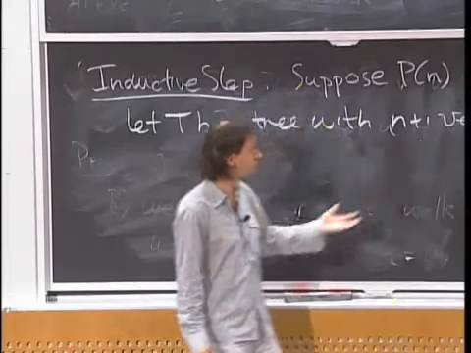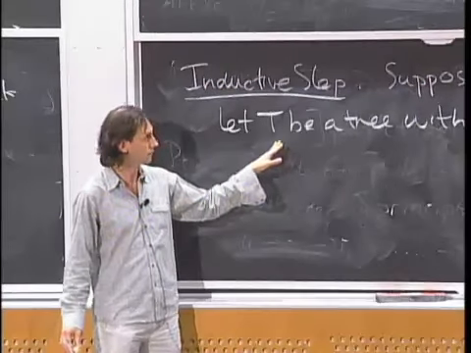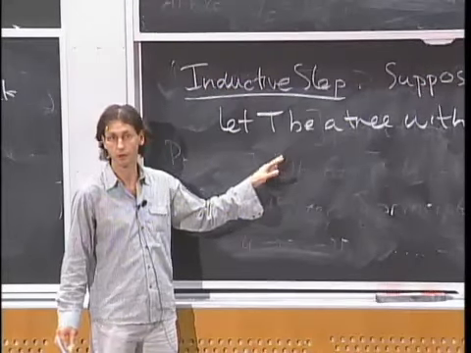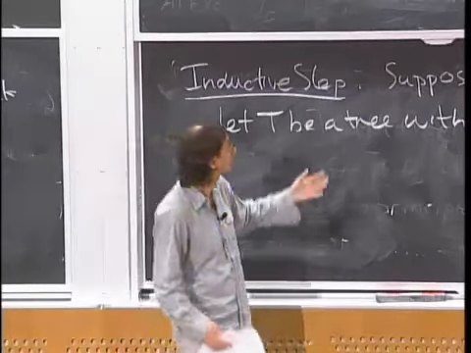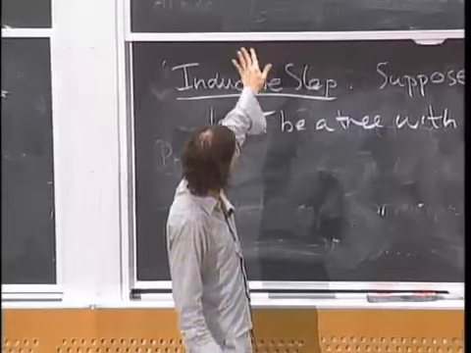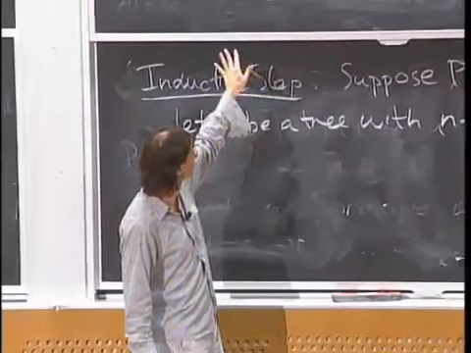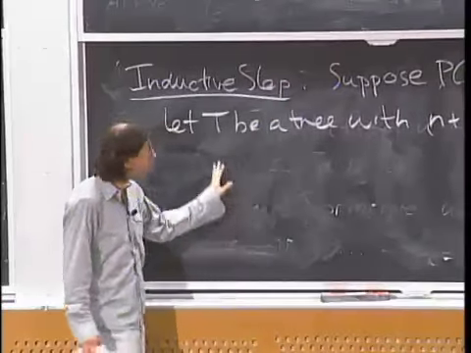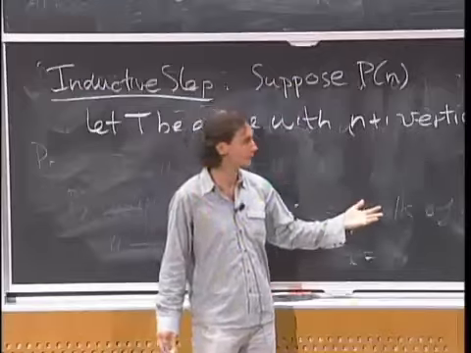What kind of vertex can I delete in such a way that we still have a tree? I need that because the induction hypothesis can only be applied to trees.